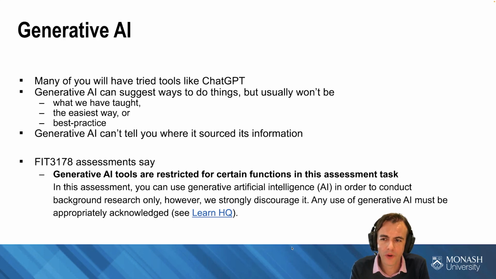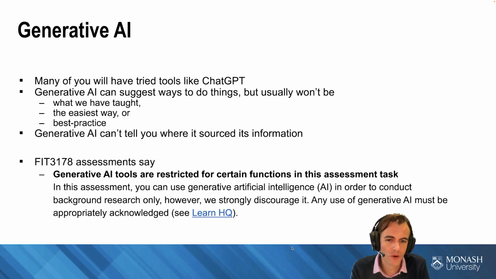So what you'll notice in our assessments for this unit is we don't prohibit it, and really that's my belief that these are useful AI tools, but you have to be very wary of them. So what we say is that you can use generative AI in order to conduct background research. However, we strongly discourage it.